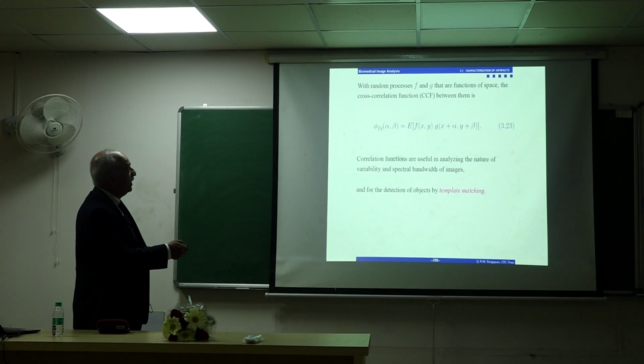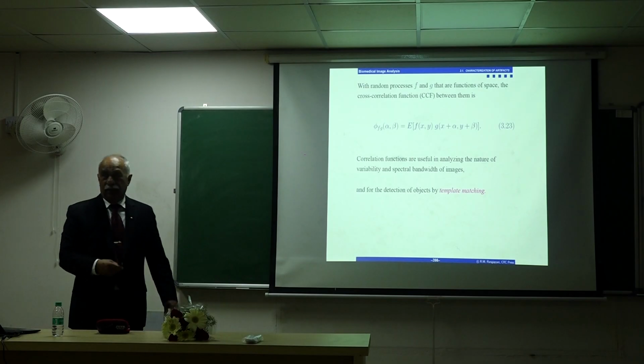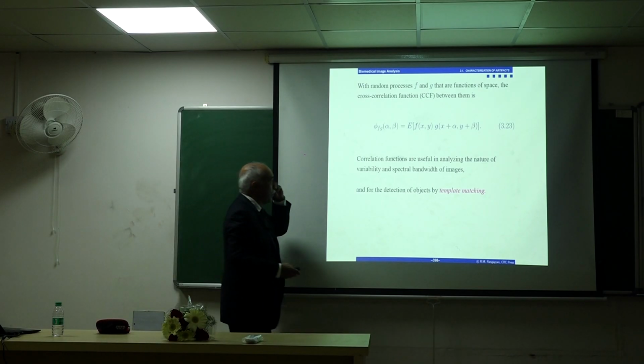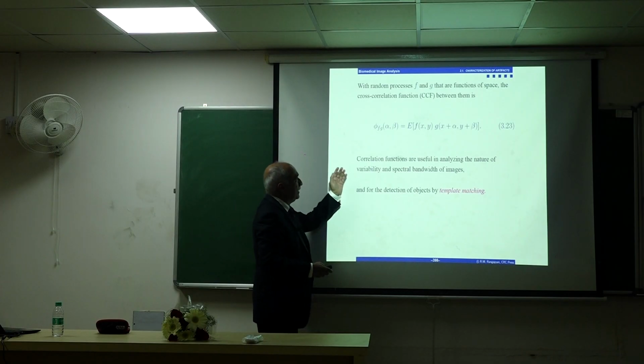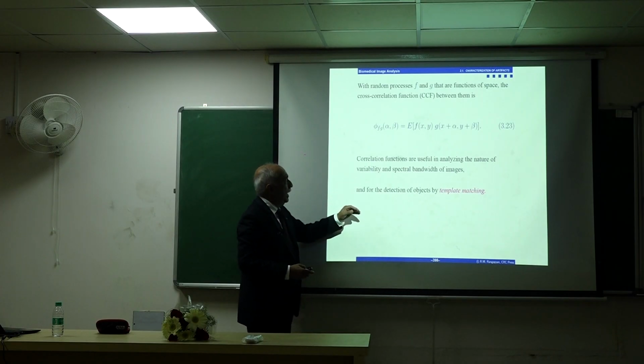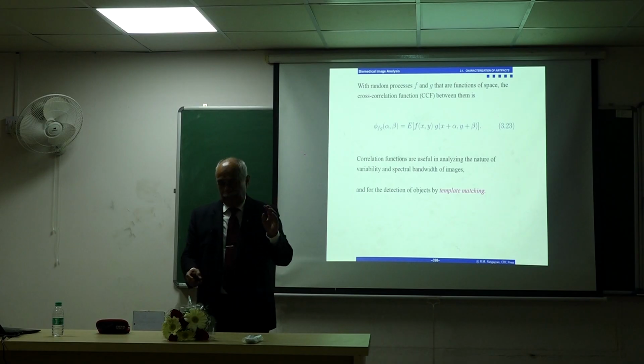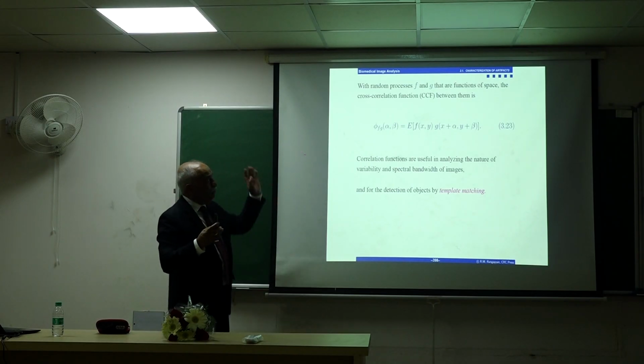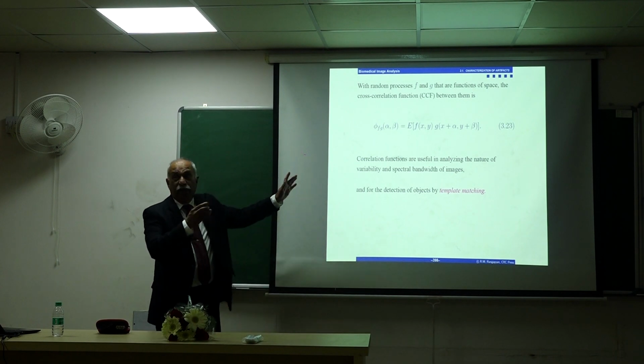The cross-correlation function is the expectation of f(x,y) with g(x plus alpha, y plus beta). So you apply a shift to one of them. This facilitates analyzing the nature of variability and also template matching. I have a template of something I want to detect, and I expect it to be present in the image, but I don't know where it is.